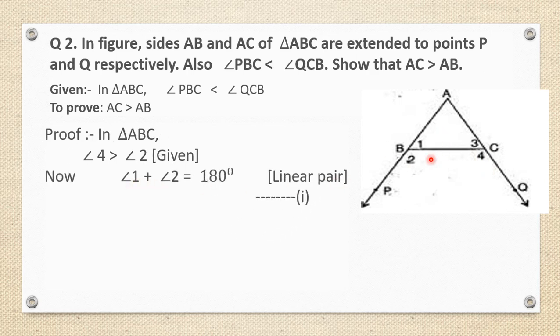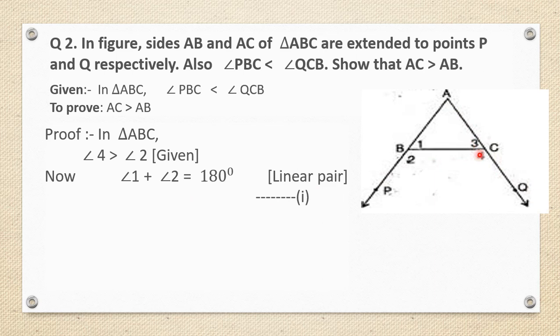Now by the linear pair we can say angle 1 and angle 2 is equal to 180 degrees, as AP is a line and BC stands on it. So here we are getting the linear pair, angles 1 and 2. The sum of the linear pair is 180 degrees. Similarly, AQ is a line and BC stands on it.